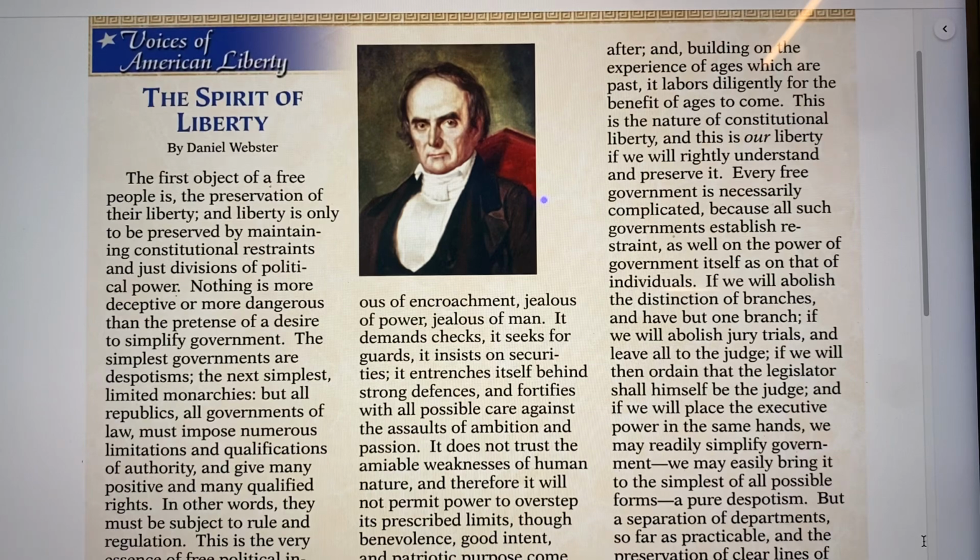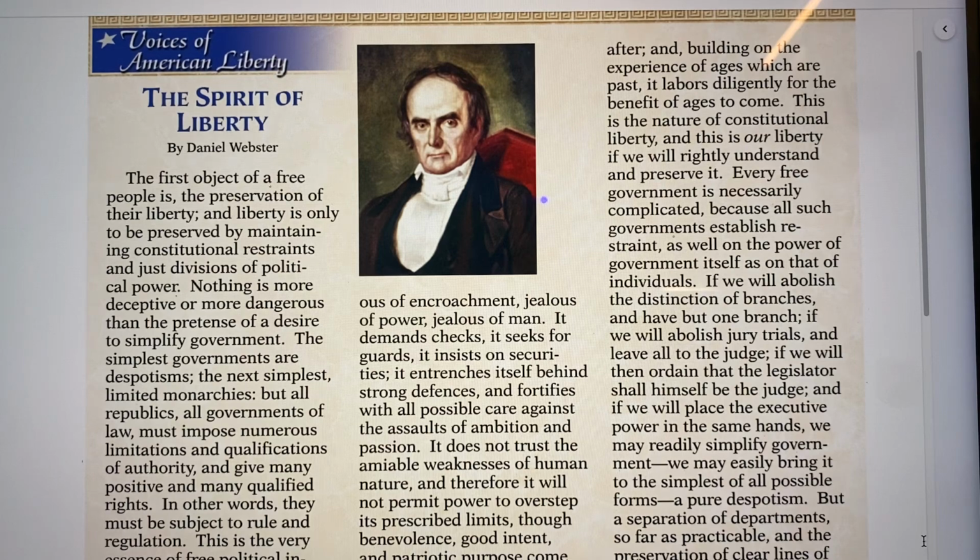So he's saying, if we don't fortify ourselves and stand behind, like we're standing behind huge trenches, fortifying ourselves with all of this care, we're going to be assaulted by what? Dictators and ambitious men with passion that want to take over with power, right?